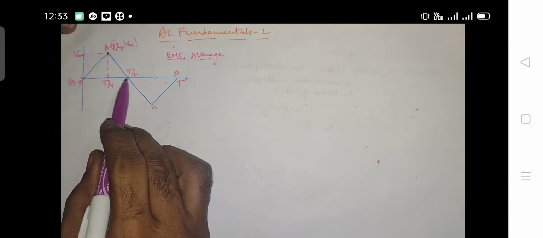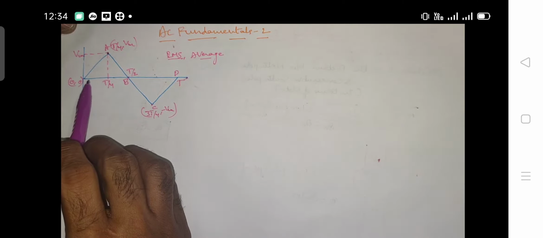So point A can be written as T by 4 comma Vm, and similarly this point is T by 2 comma 0, and point C will be 3T by 4 comma minus Vm, and this point will be capital T comma 0.